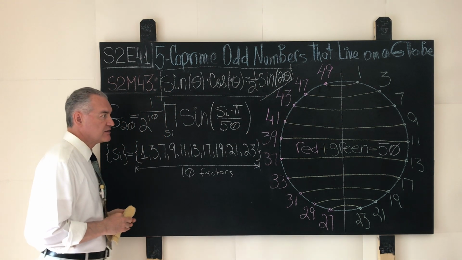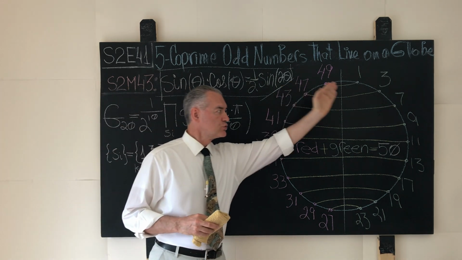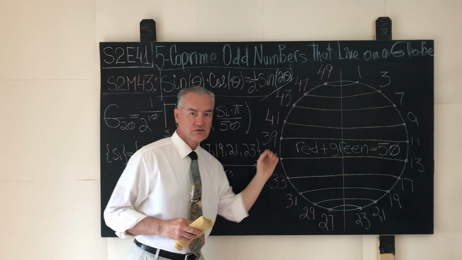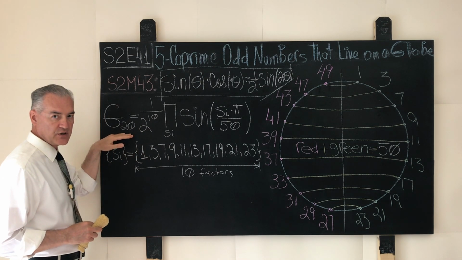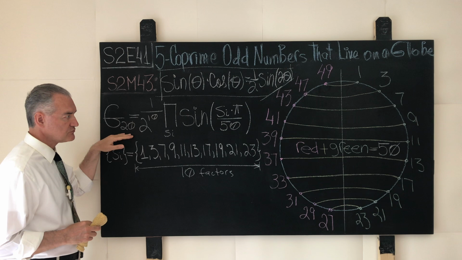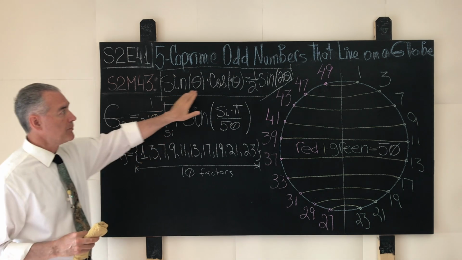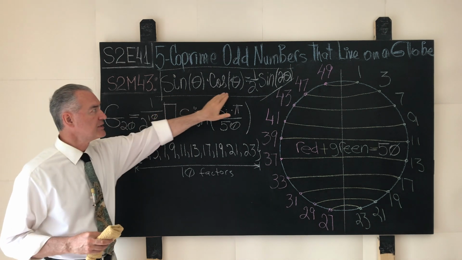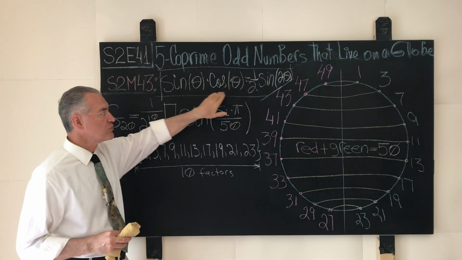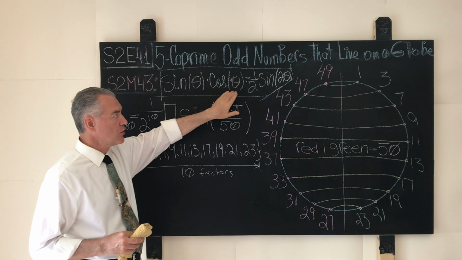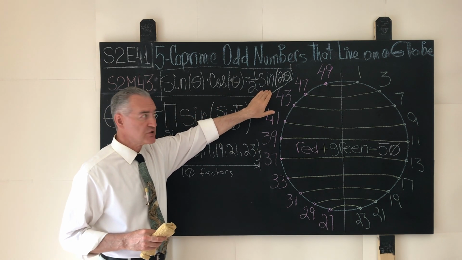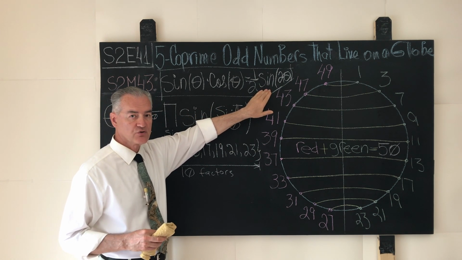That means that in the 20 factors that we had originally in our product, the product of green cosines, we'll have precisely 10 pairs of such shape. And when we replace these 10 pairs of this shape with their right-hand side image as per this formula, we'll introduce what?